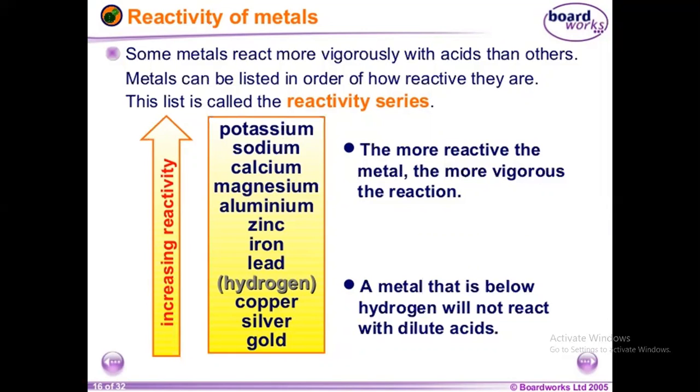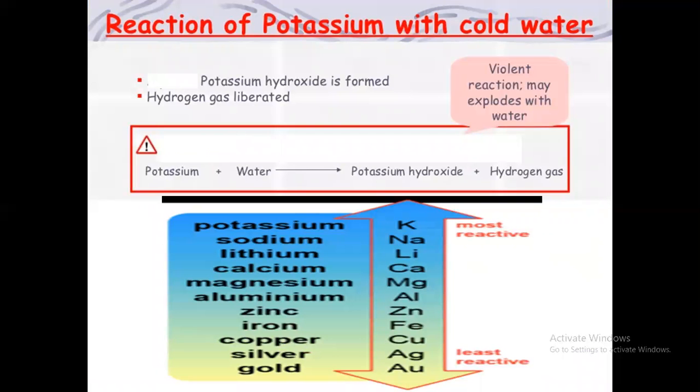The reactivity series allows us to predict how metals will react, right? Let's have a look at the reactivity of different metals with water, acids, and oxygen. When metals react with water, they produce alkali and hydrogen gas.